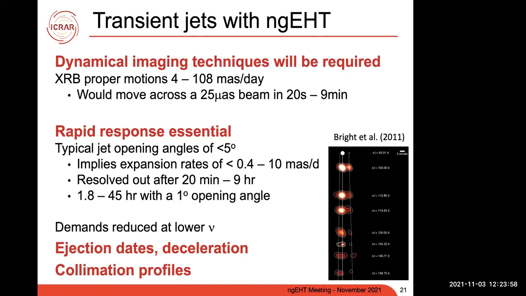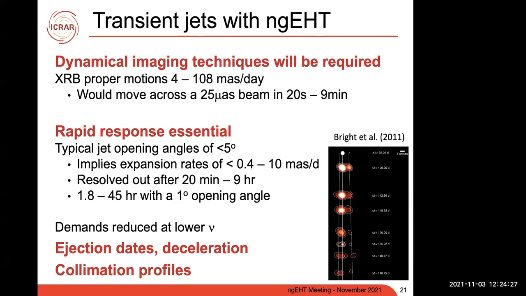So with the range of proper motions above, they would be expanding at somewhere between 0.4 and 10 milliarcseconds a day, which, assuming a shortest baseline giving a resolution of something like 200 microarcseconds, means that these ejecta would be resolved out somewhere between a few tens of minutes and a few hours after launch. If the opening angle is a bit smaller, that goes up from a few hours to a few days.